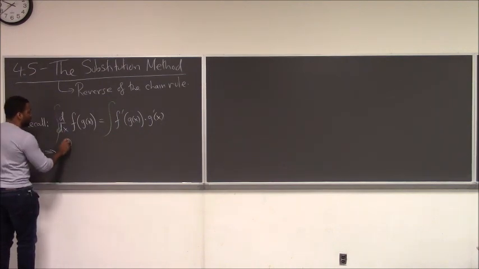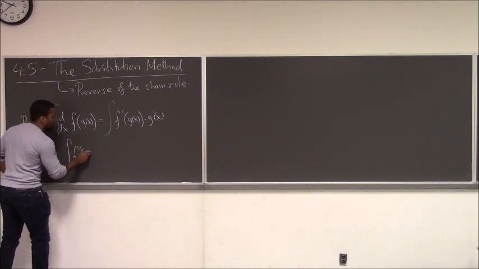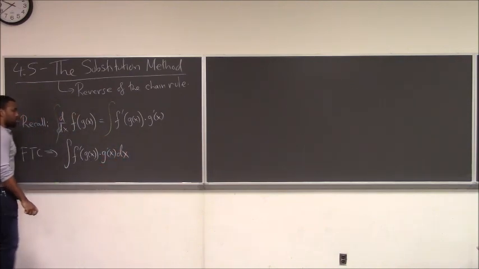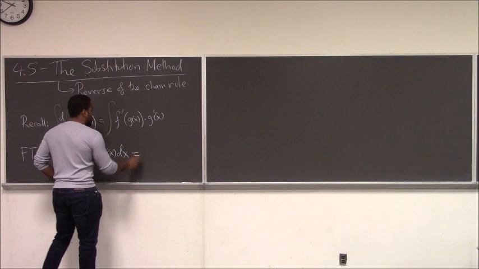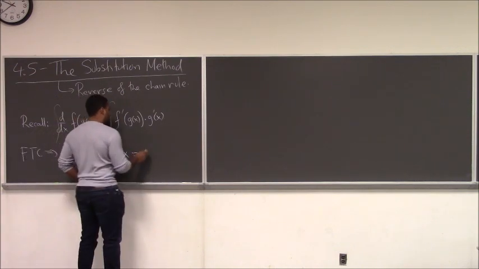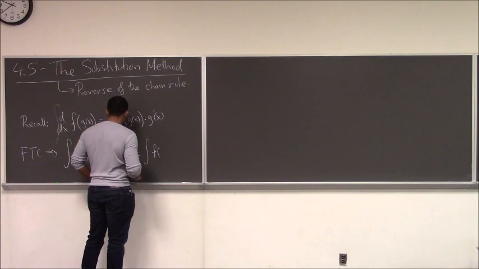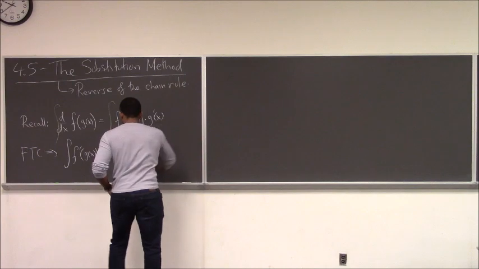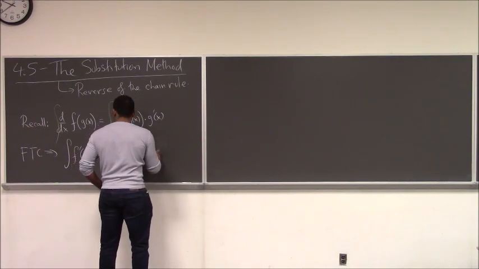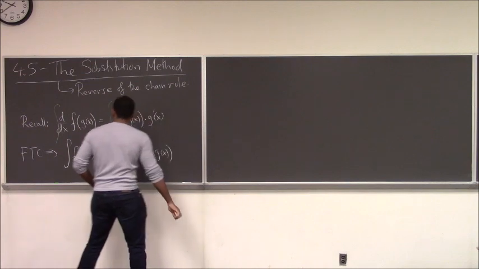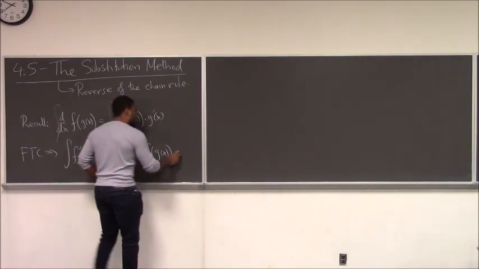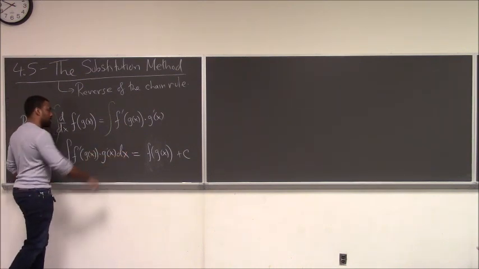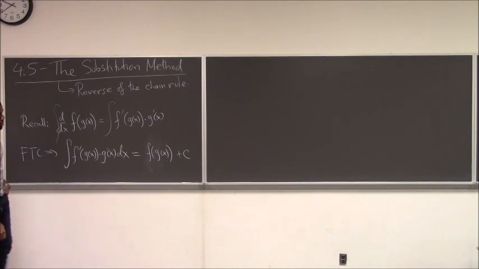And so it basically says, if you're looking at an integral that has this form, then you can actually think of it as an integral. Now, ultimately, it's going to be f of g of x plus some c. But how we can actually get to that guy is by doing some sort of substitution.